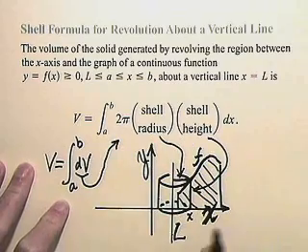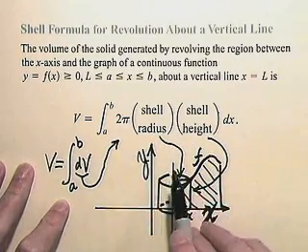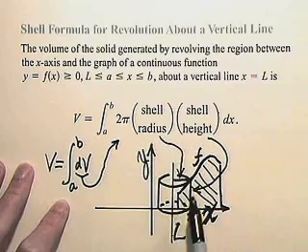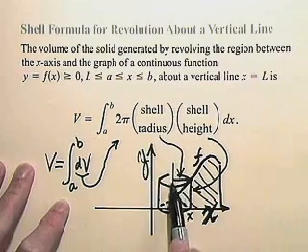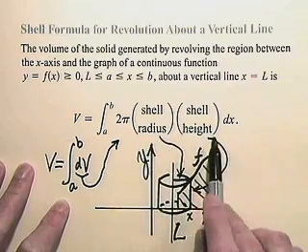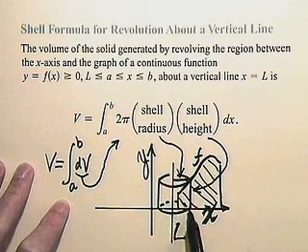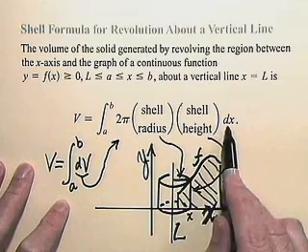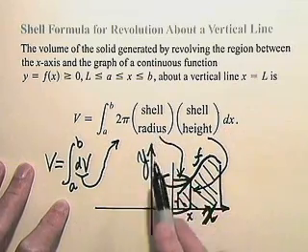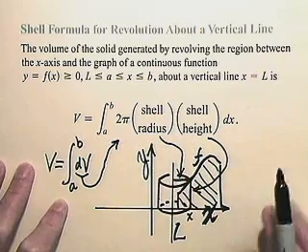And so when we look at a problem like this, it's best to work it out by looking at the geometry of the problem, work out the shell radius and the shell height, and notice in this case the shell radius is going to depend on x. And so the dx is related to the shell radius. So keep that in mind.